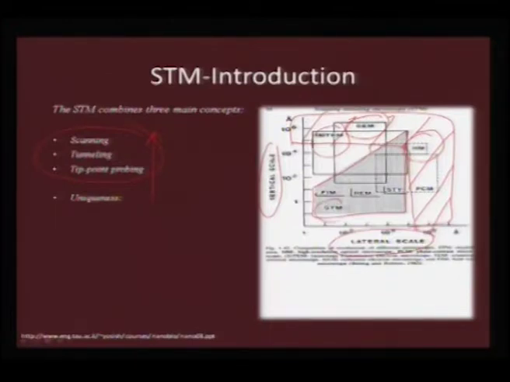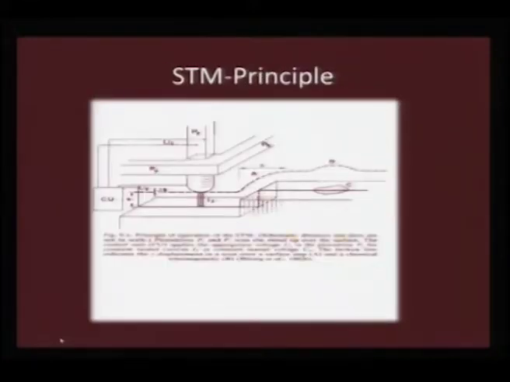You can find that the spatial resolution you can achieve from STM is of the order of angstrom, and that is why it is positioned somewhere here. So, in comparison to SEM and TEM and other microscopy, STM stands out because you are taking it almost to atomic resolution. So, what is the principle here?